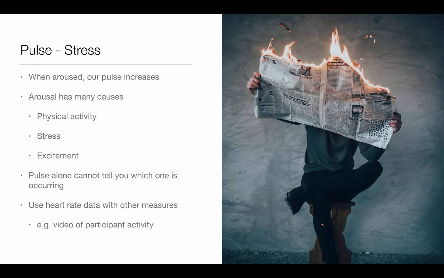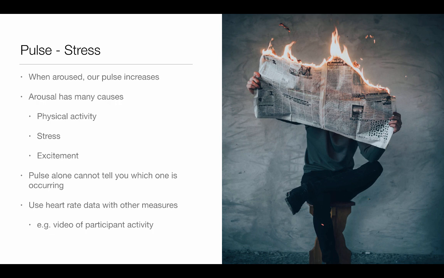So the last one here in the basic reactions is stress. So pulse. When we are aroused, our pulse increases. So we can do physical activity, we can feel stress, we can feel excitement, and our pulse will quicken.